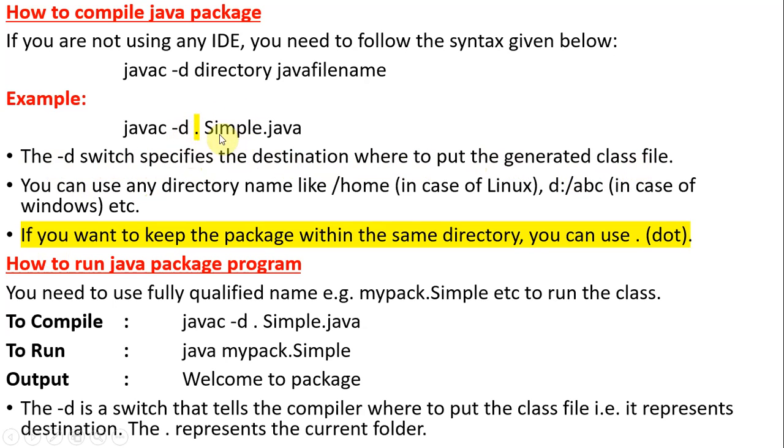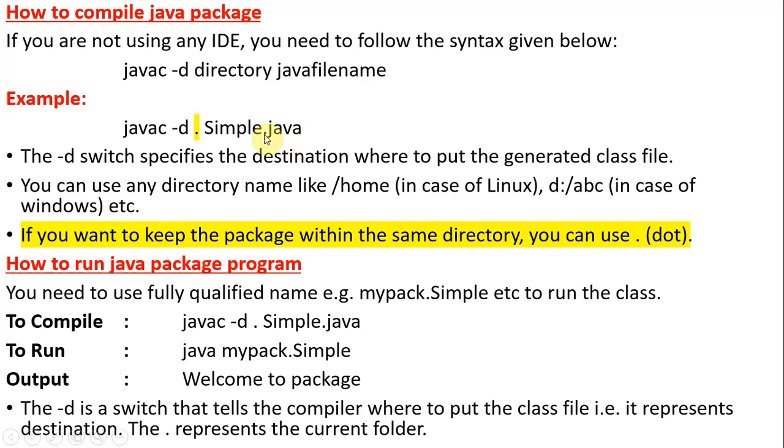If you compile this program simple.java, it obviously generates the class file. In the first class video we learned the execution process of Java: after compiling we get a class file. So here minus D represents the destination.